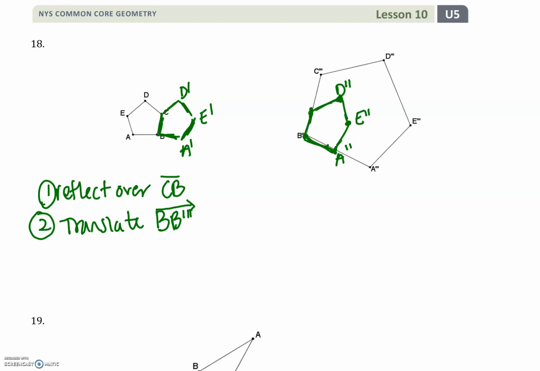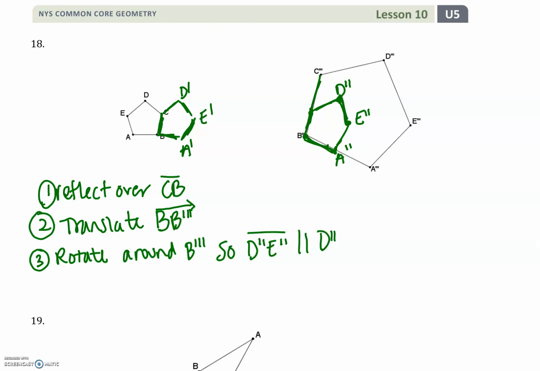Okay, and if I wasn't sure they were parallel, I could add in a rotation to guarantee they were parallel. I think they are here, but if I wasn't sure, I could say rotate around B triple prime, so DE with the doubles over here is parallel to D triple prime, E triple prime. That way I'm saying it definitely has to be parallel.